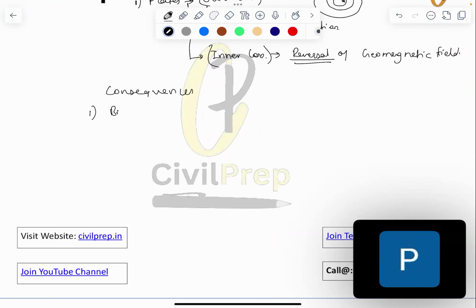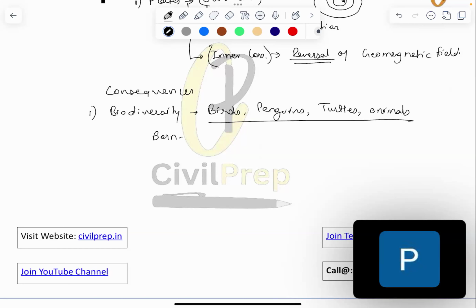For example, biodiversity: birds, penguins, turtles, in fact various animals, when they are born, they have an inscription of the geomagnetic field inside their brain, which helps them to navigate.